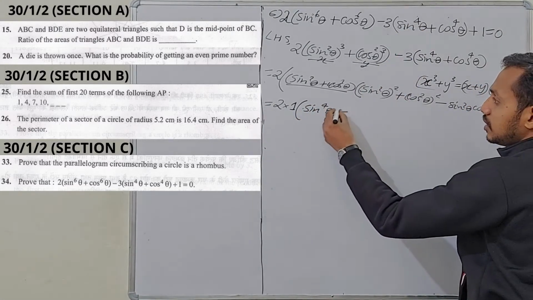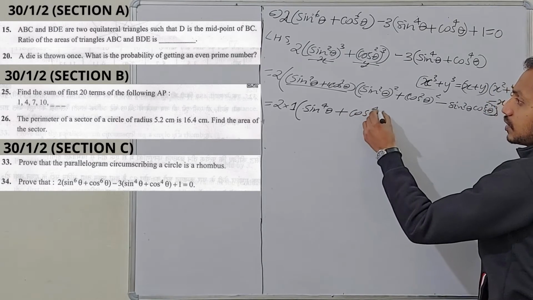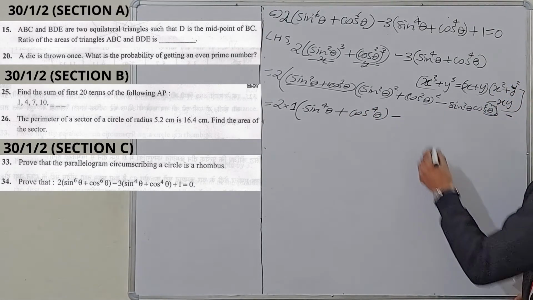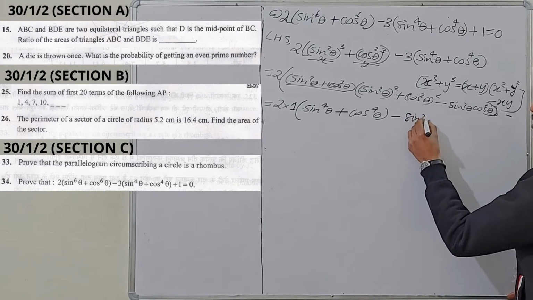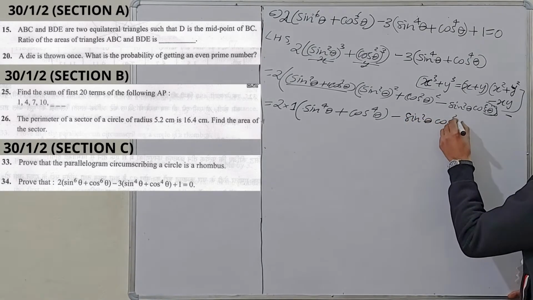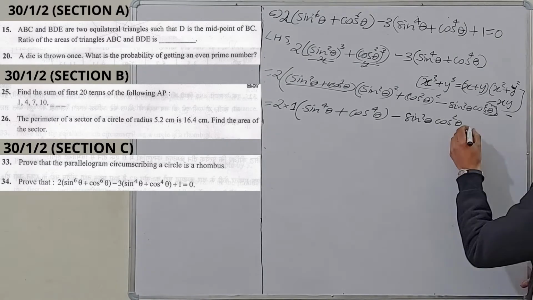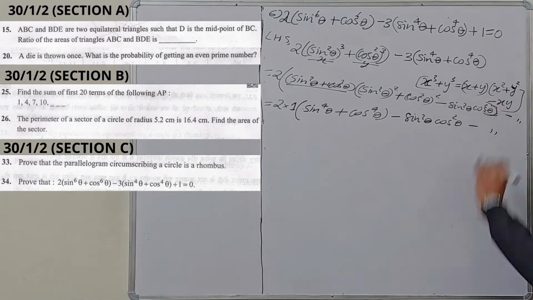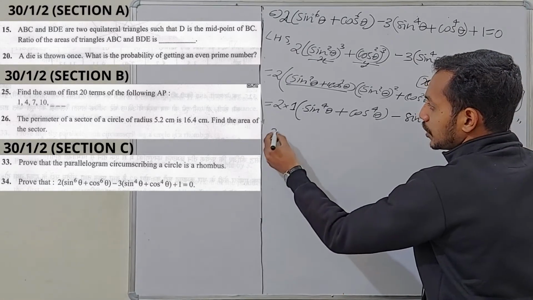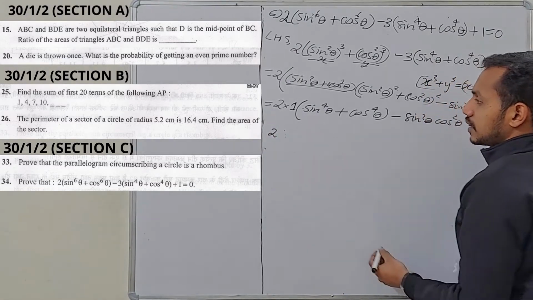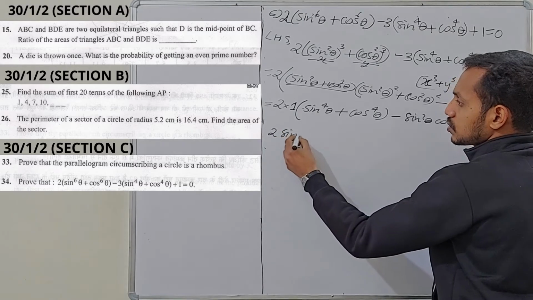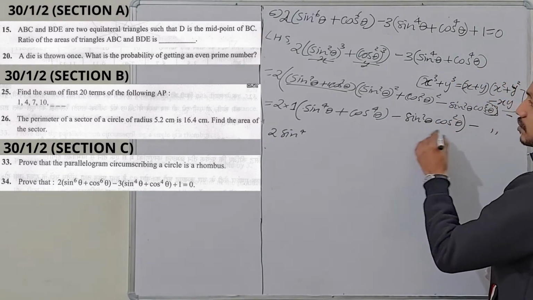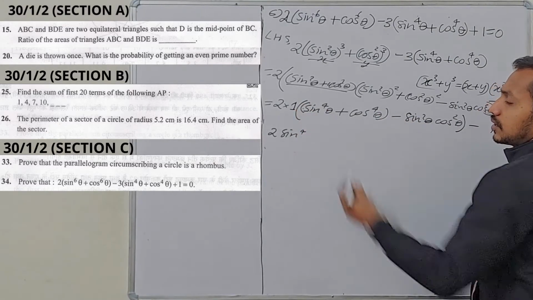Same here we will get plus cos raised to 4 theta minus sin square theta cos square theta, minus some terms we are not writing now. Now 2 into sin raised to 4 theta, this 2 is common to all the terms. So never forget to put the bracket.